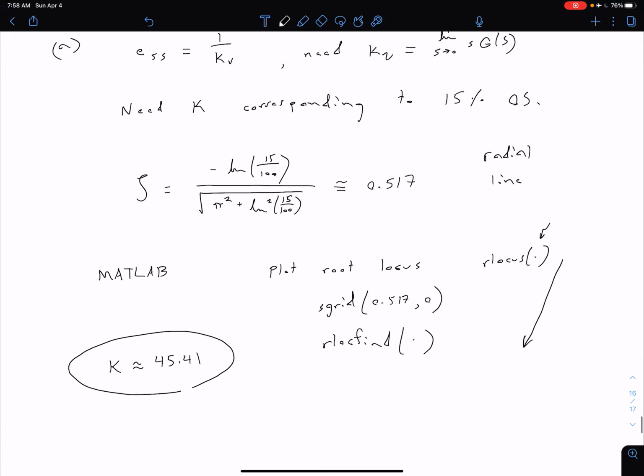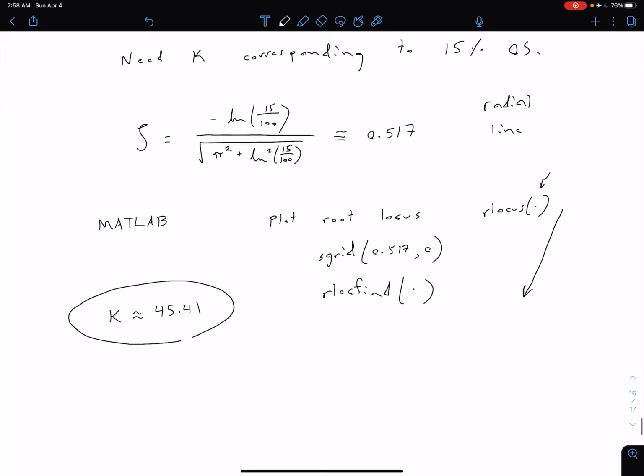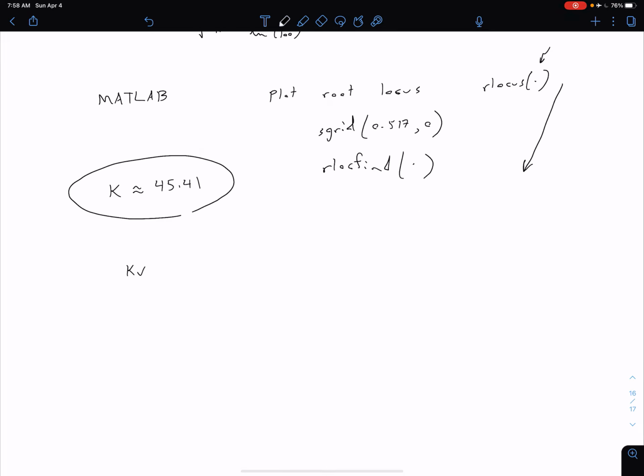Knowing that value of our gain K, we can go back to this equation for our Kv, and we can say that our static error constant Kv for our type 1 system is going to be equal to the limit as s goes to 0 of s times our G(s), which is 45.41 divided by s times (s plus 7). Of course, what we can see is our s's are going to cancel out there.